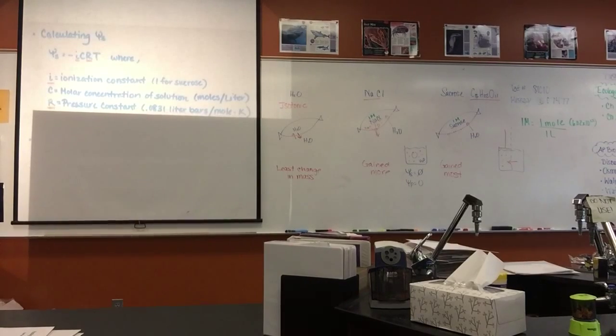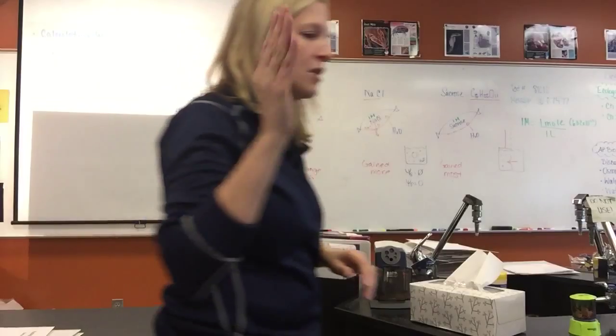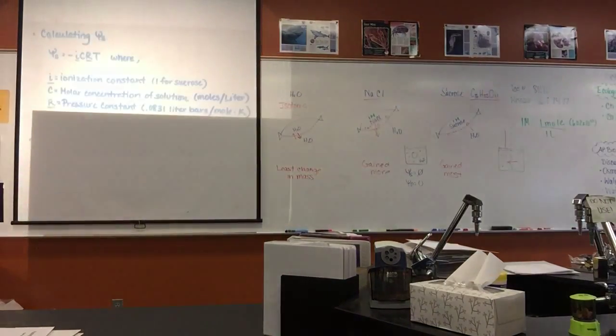It's 0.0831 liter bars over 1 mole Kelvin. Lots of units here. Liter is just like a liter, it's a volume. It's not liter-bars as that's a new measurement, it's liter and then bars.